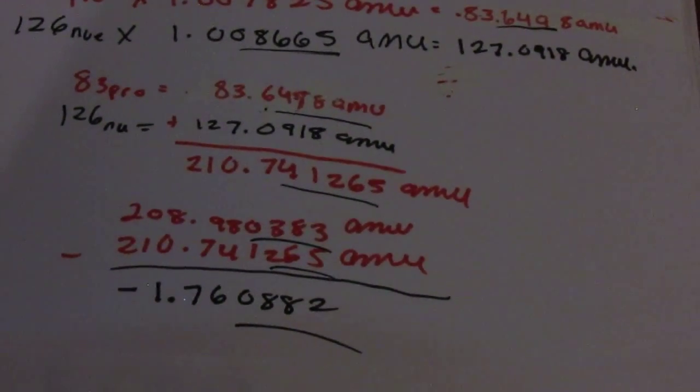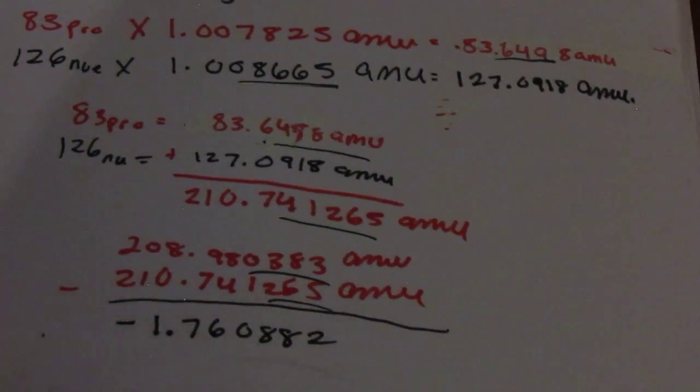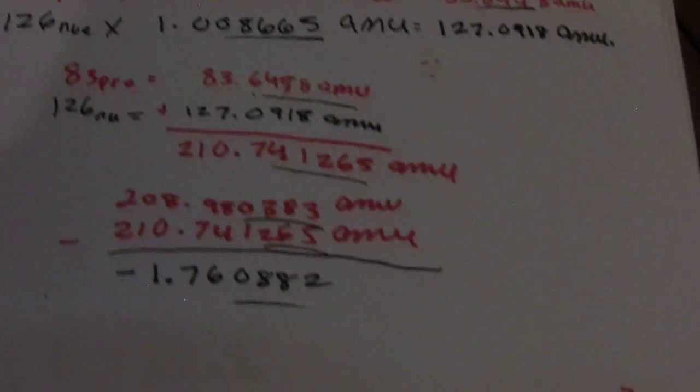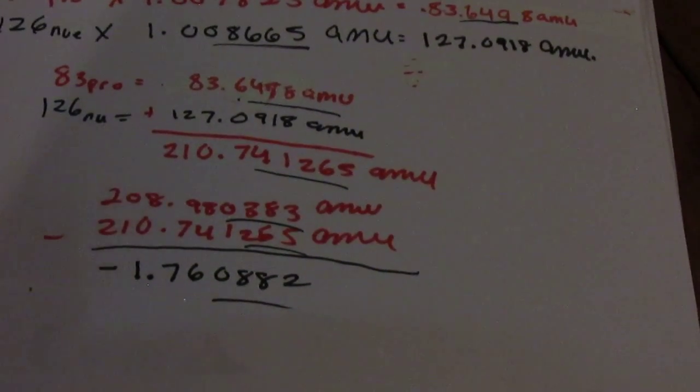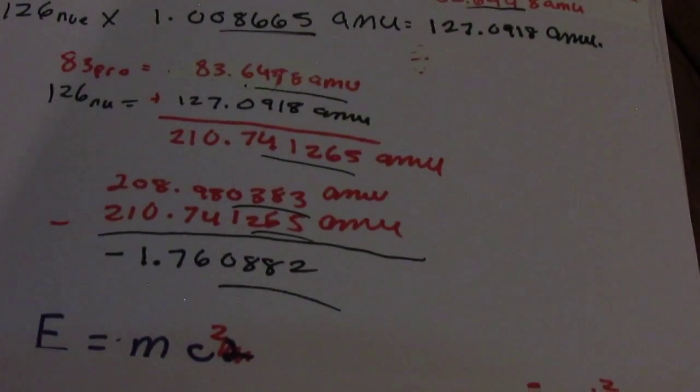So coming back down here, we subtracted it and we got this number. This is the difference between the mass of the element.